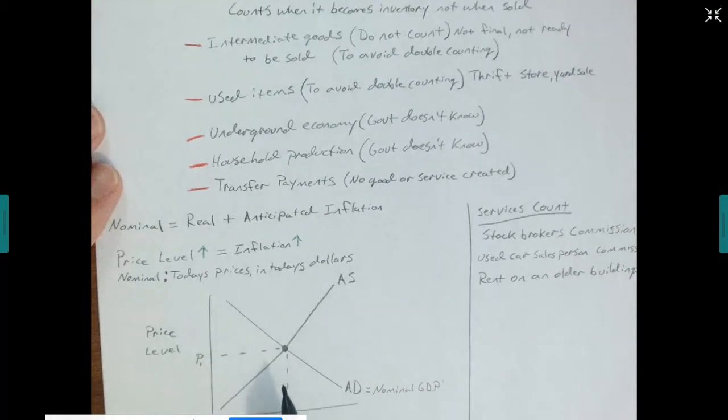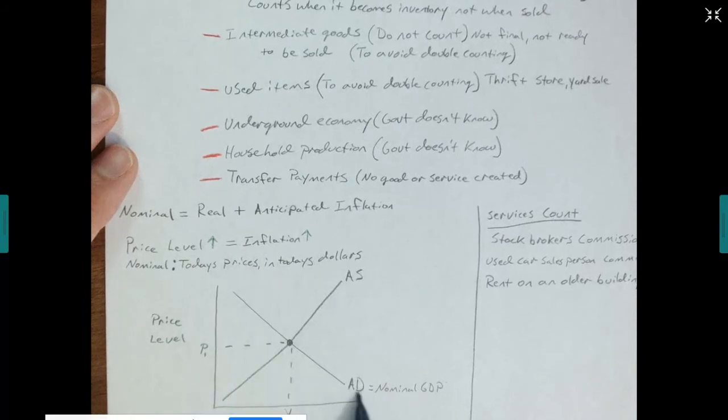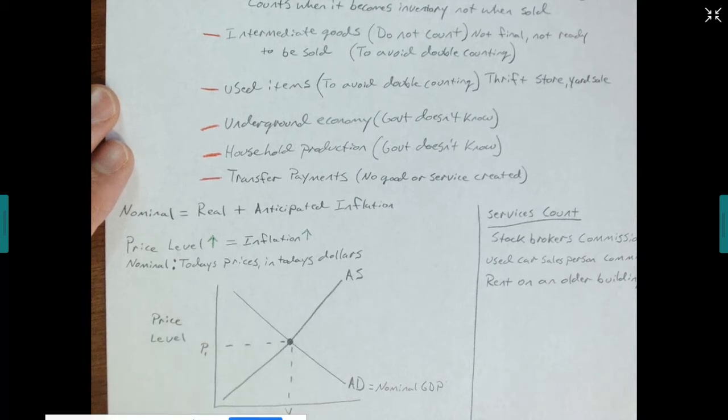We can see here that nominal GDP is equal to aggregate demand. It's the spending in the economy, in today's dollars, the prices for our goods and services. If we were to take the Q, the quantity of how many goods and services we're making, and multiply it by the price level for those goods and services, we would then get the spending for our economy for those goods and services in that year's dollars.